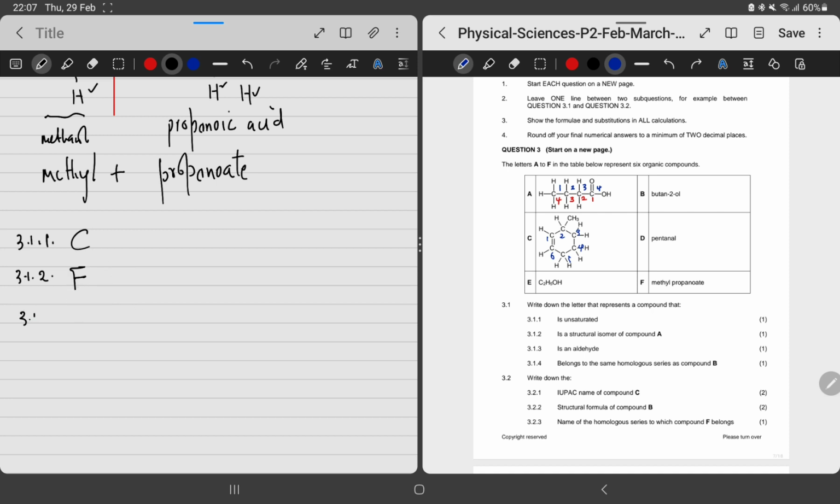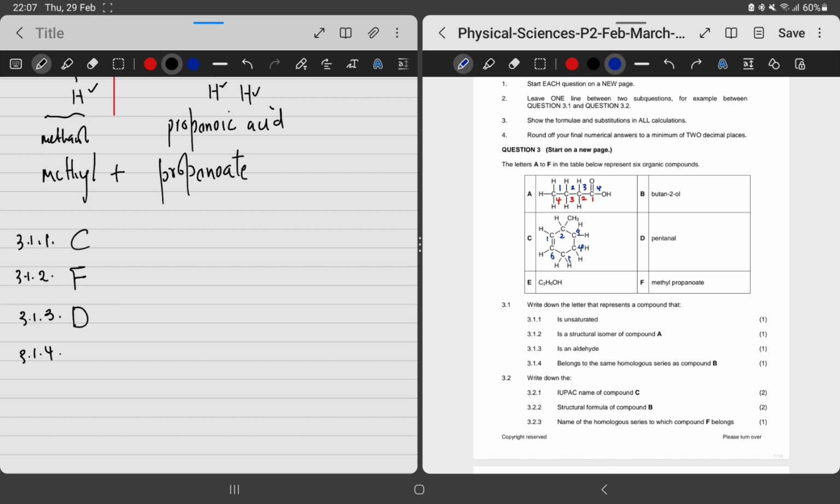Okay, 3.1.3, an aldehyde, that is D. Okay, and then 3.1.4 belongs to the same homologous series as compound B. Well, a homologous series refers to a group of compounds that have the same general formula in which the members differ by a CH2 group.